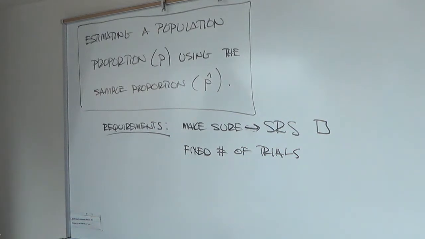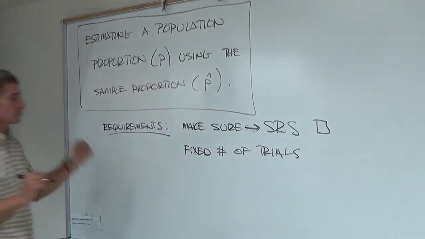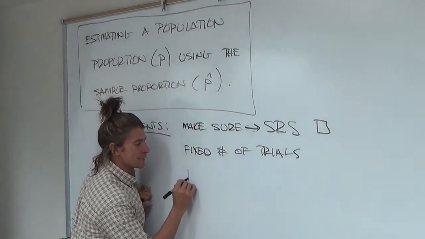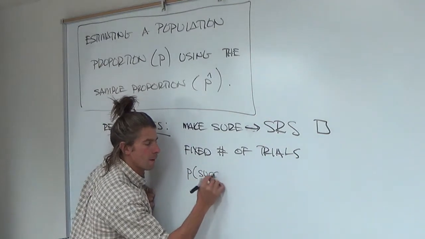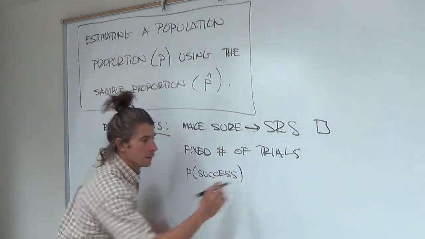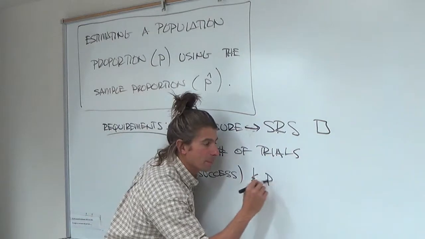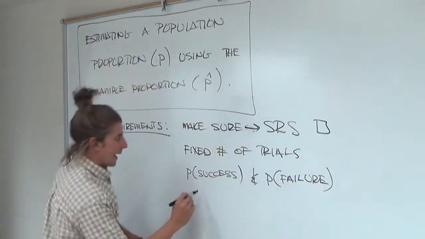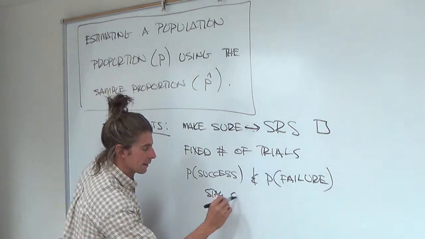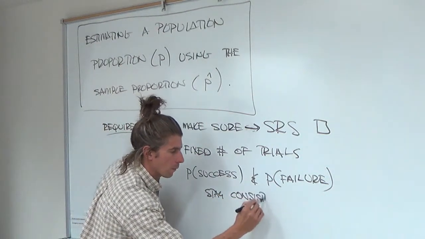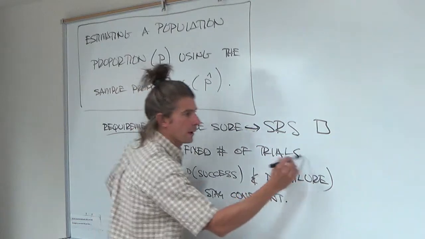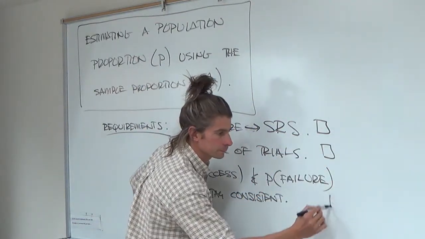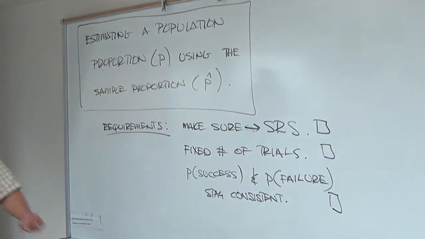The probability of success, and while we're at it, the probability of failure, have to stay consistent. These are check boxes. We'll come back to these one by one.